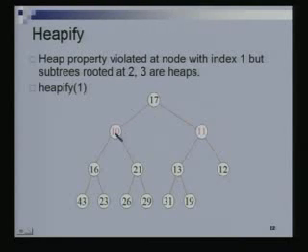Heapify is going to look at the two children of this node where the heap property is currently violated. It would look at the two children, which are 10 and 11, and take the smaller of these two children and swap it with 17. So the smaller is 10, it would swap 10 with 17. Now the heap property is valid at this node.